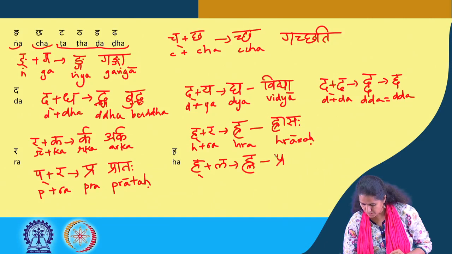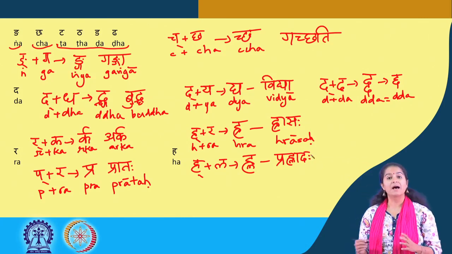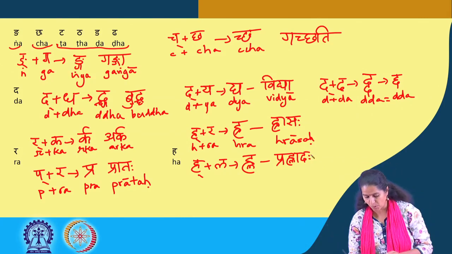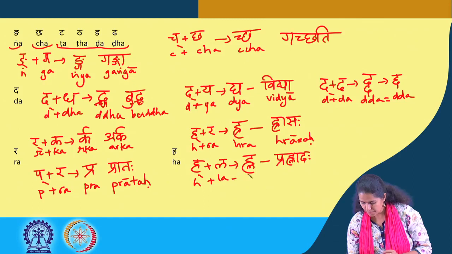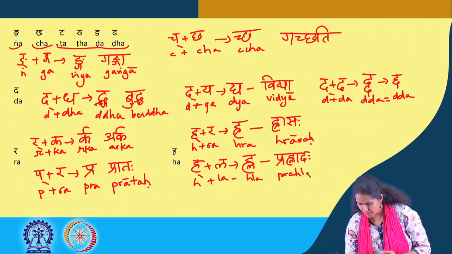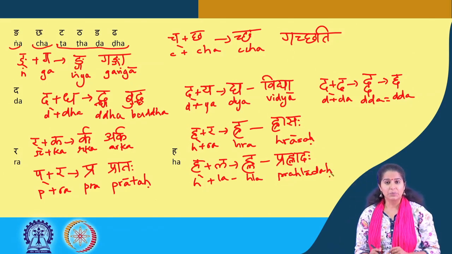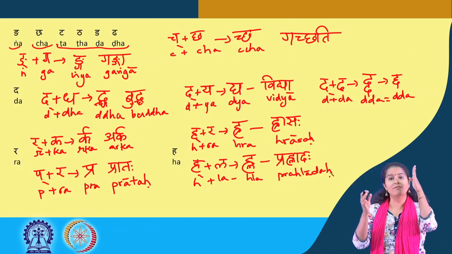So, pra, la, da. Prahladaha was the name of an important character in Indian Sanskrit literature. La becomes la, and you have Prahladaha.